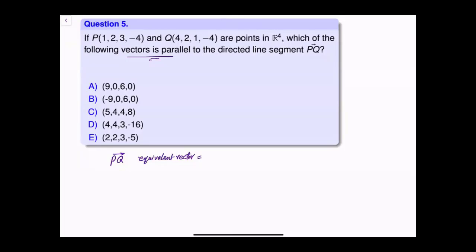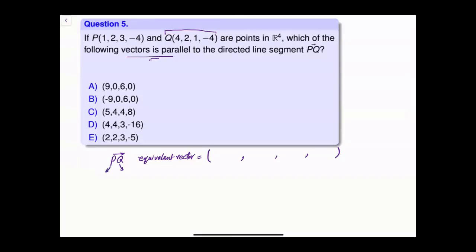is found by doing, okay, Q is a point, but you take it as a vector, or let me just do it without vector notation. Corresponding components of the end point, here this is the end point, this is the starting point.